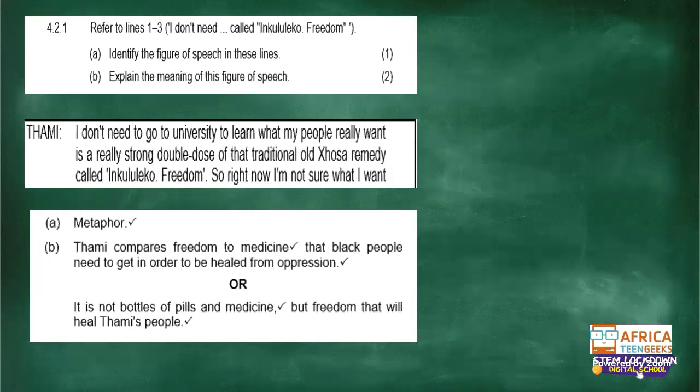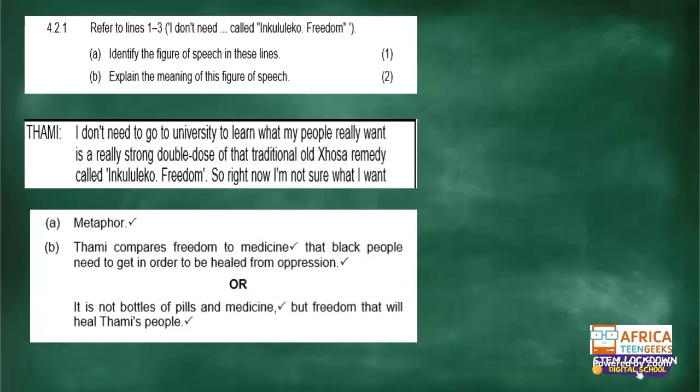Okay, so as you can see, they say Tammy compares freedom to medicine that Black people need to get in order to be healed from oppression. Or you can say it is not bottles of pills and medicine, but freedom that will heal Tammy's people. Okay, I understand that you would have to read the play in order for you to get the entire picture of what Tammy is saying, okay?